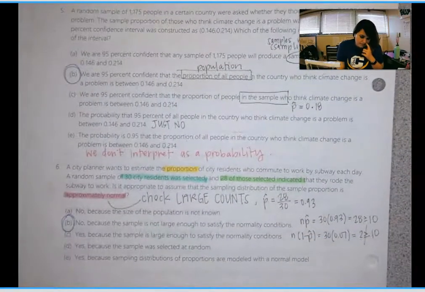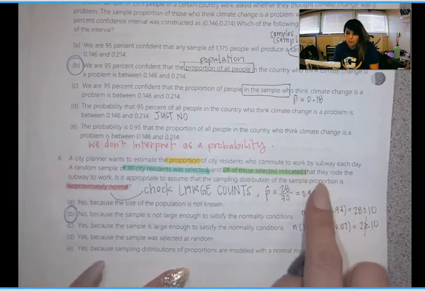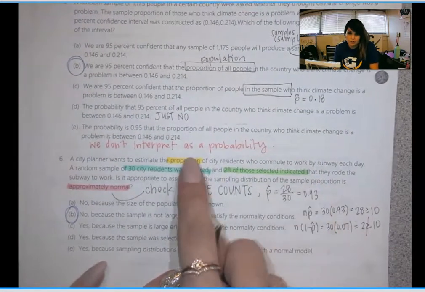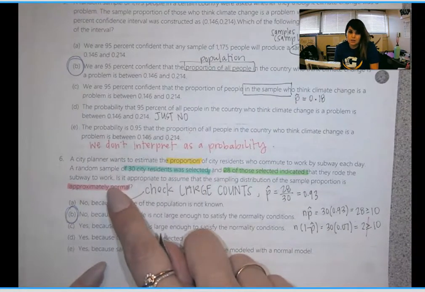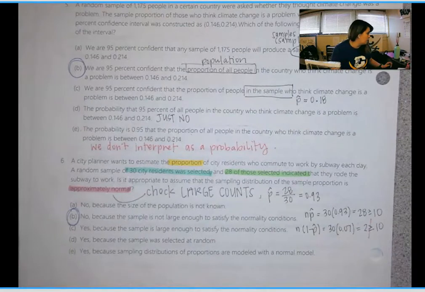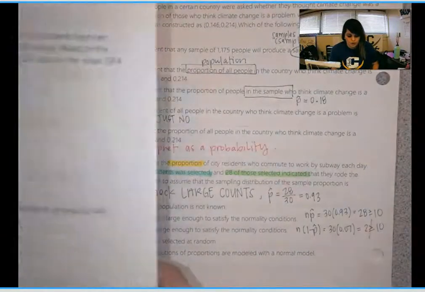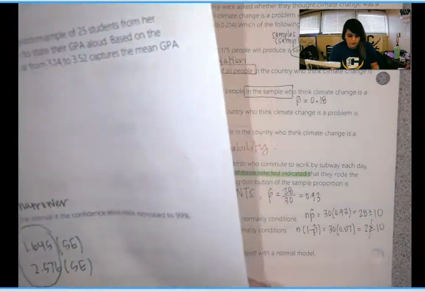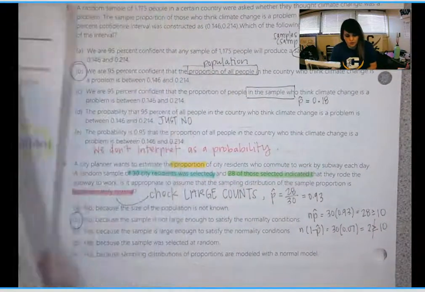Okay, 6 is asking specifically about whether or not a proportion, so they're telling us that we're working with a proportion, is approximately normal. So I had to go back to my notes for this one to remind myself: for a proportion, what do I check to ensure that my sampling distribution is normal?